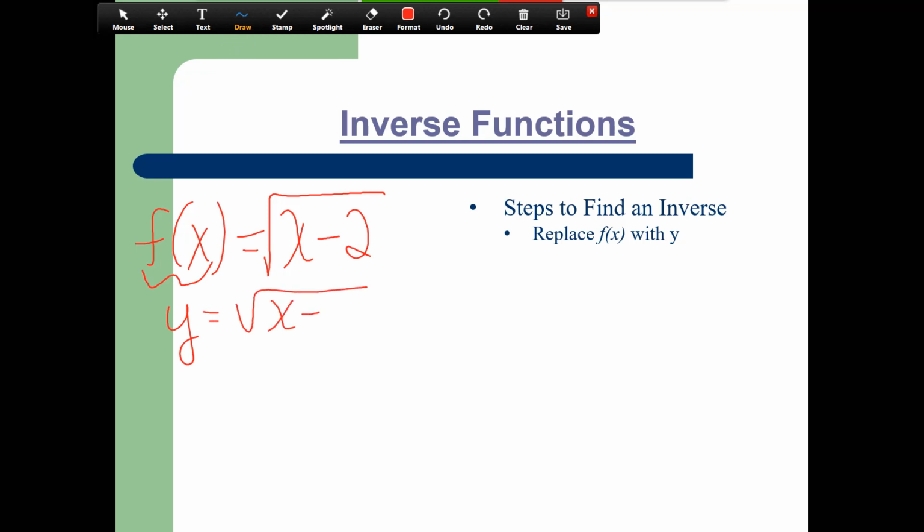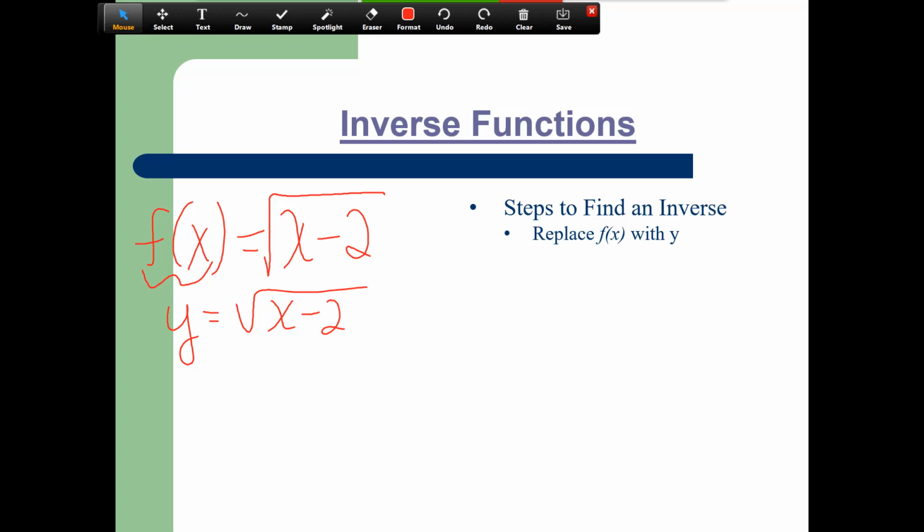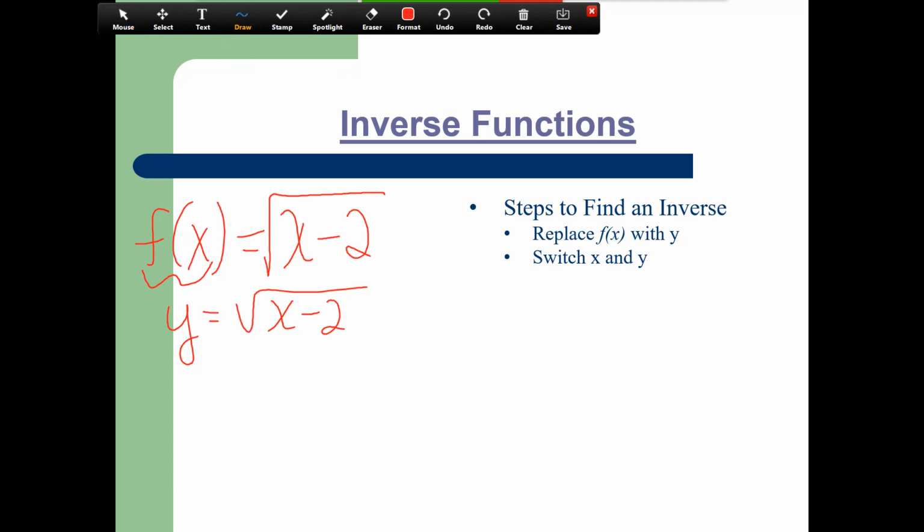And then because when we reflect over that line, the x's and the y's switch, you're going to switch the x and y in this equation. So we are going to go ahead and just swap those. That's going to make it so that the new equation, once we've solved, has an x in it. And then we'll be able to use the proper notation for an inverse function, which we'll see in a minute. So we're going to switch our x and the y.